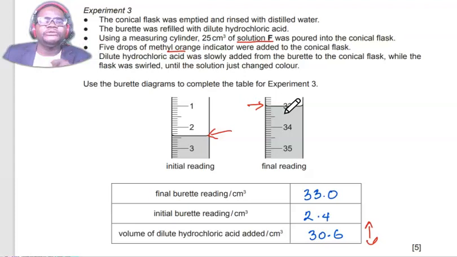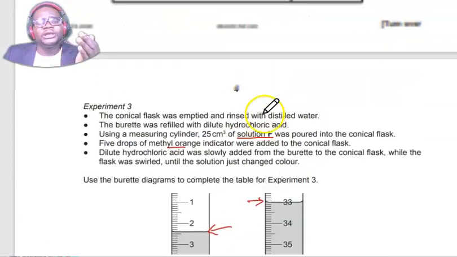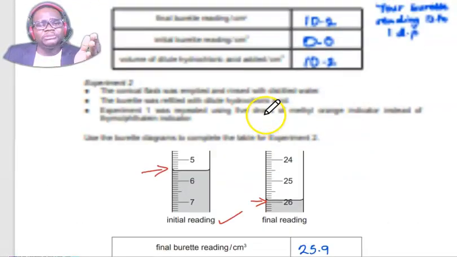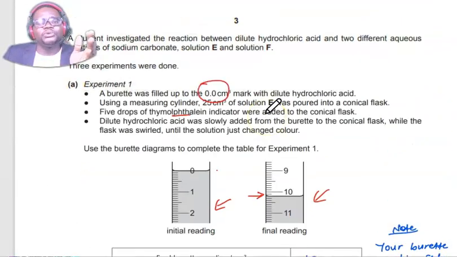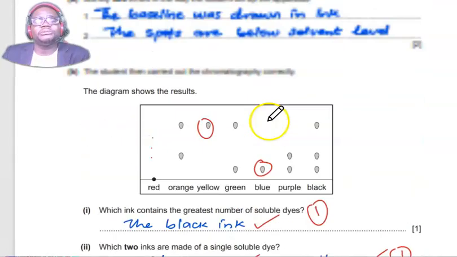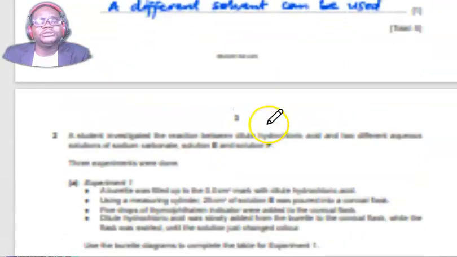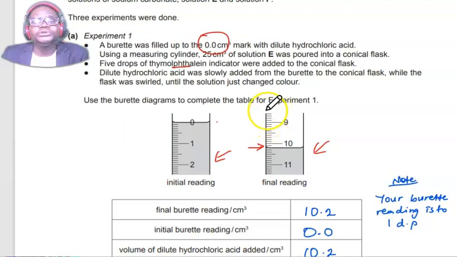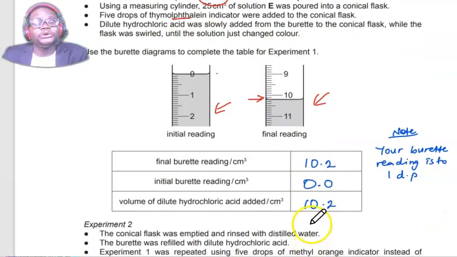But in this case, if you repeat this experiment with thymolphthalein instead of methyl orange, what do we expect the volume to be? So let's go and look at an experiment where thymolphthalein was used. That is in experiment 1. In experiment 1, thymolphthalein was used with solution E, and the value gotten was 10.2.